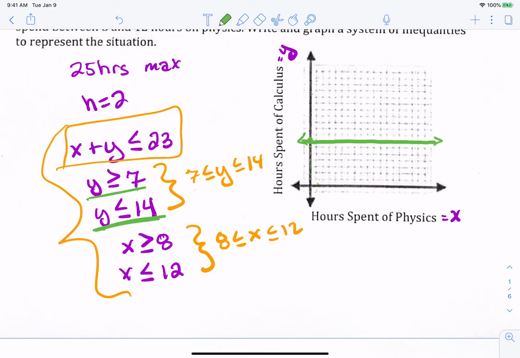Then let's also do 14. Y is less than or equal to 14 means 7, 8, 9, 10, 11, 12, 13, 14 right there. Here is another solid horizontal line. I have to study between those two numbers of hours, so lightly shade in between those two lines.